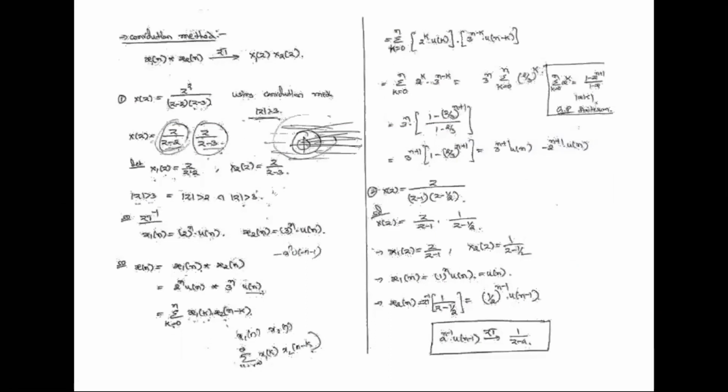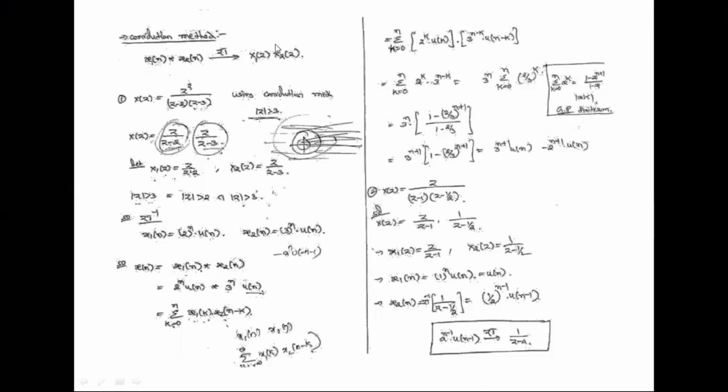Convolution method is the last method in the inverse transformation. First one is the power series method, second one is the partial fraction method, and third one is the residue method, and the 4th method is the convolution method. We know the convolution in time domain is a product in the frequency domain, nothing but the Z domain here.